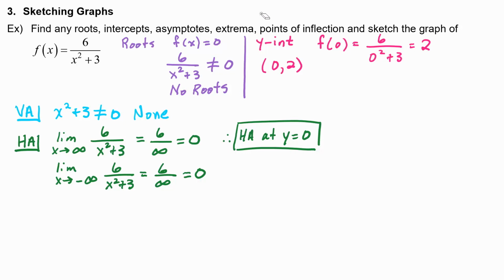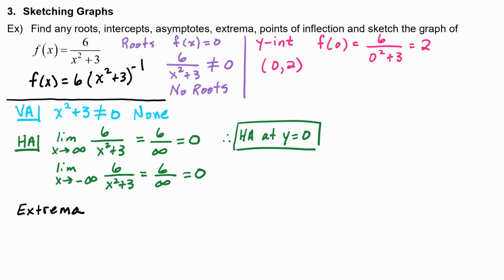Next, we have to find extrema, which means we're going to need the derivative. Now f of x can be written as 6 times the quantity x squared plus 3 to the negative 1. That means when we find the derivative, we can just use the chain rule.